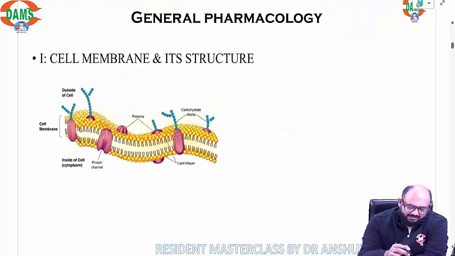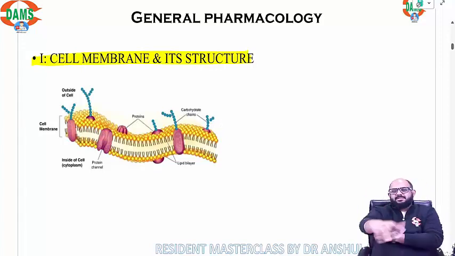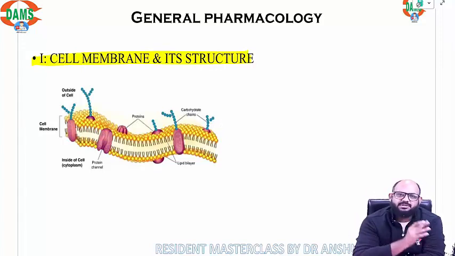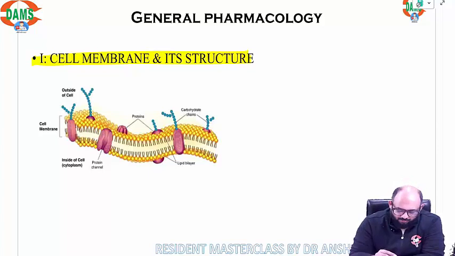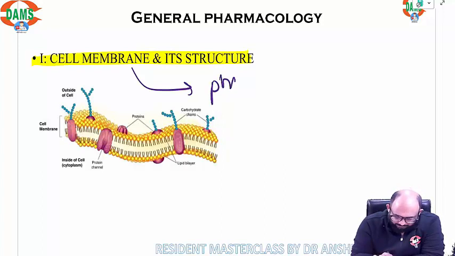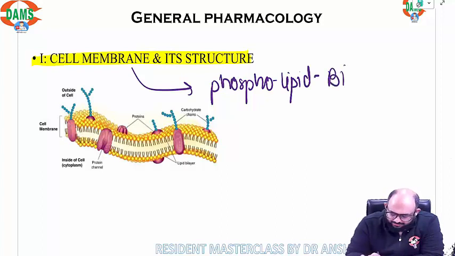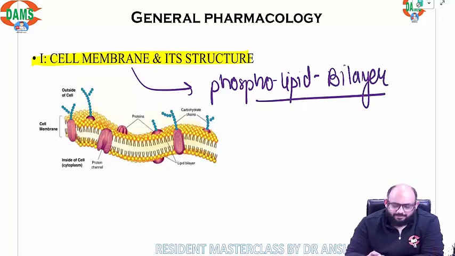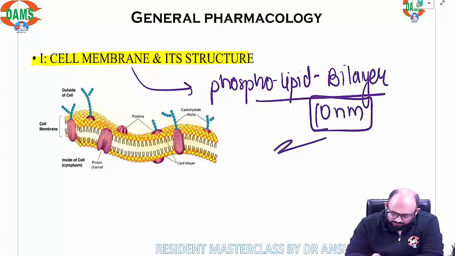Let's start with the cell membrane and the structure. Since there is no question asked from this topic, this is for your understanding. We know that cell membrane is a lipid. It's a phospholipid, which is in the form of a bilayer that has a thickness of 10 nanometer.